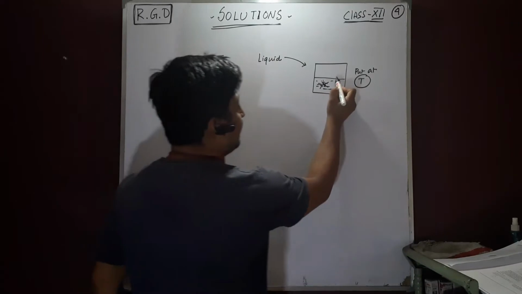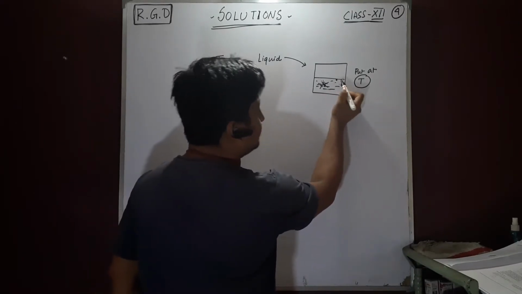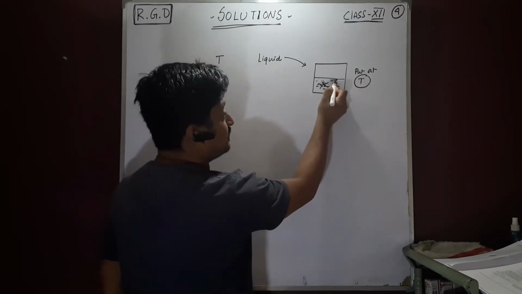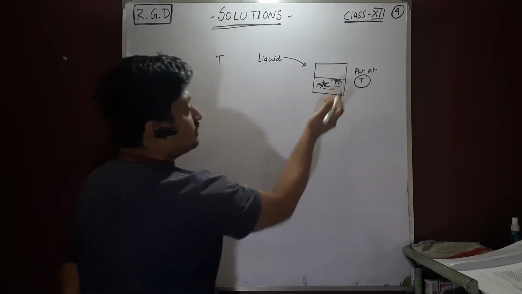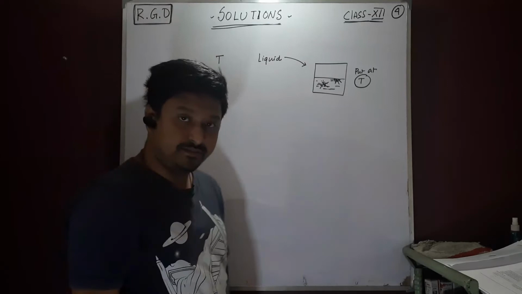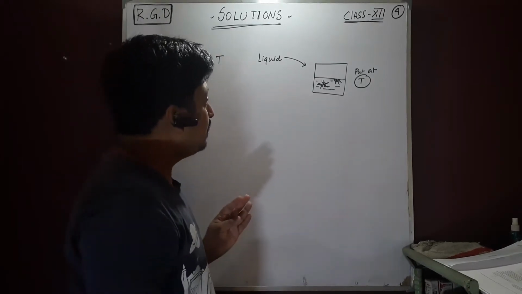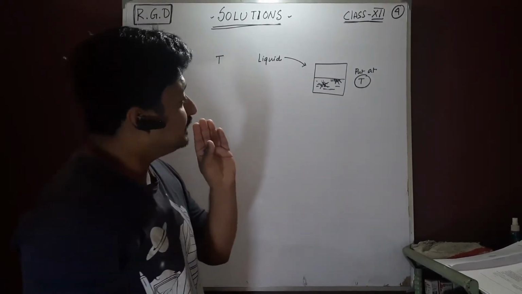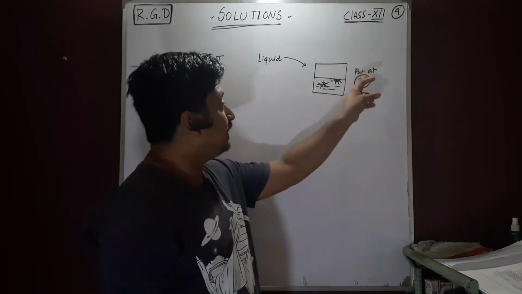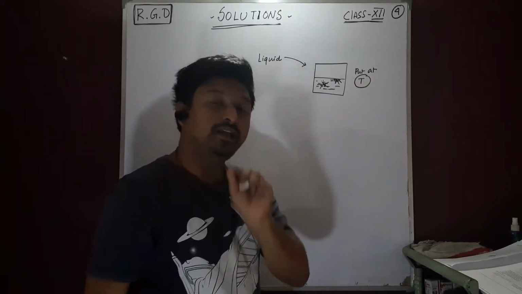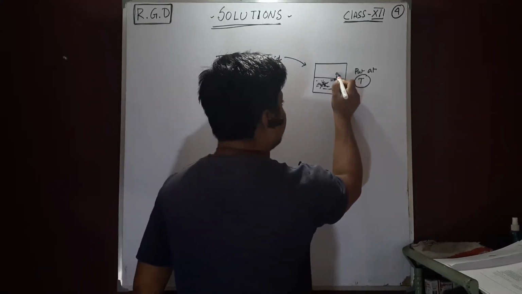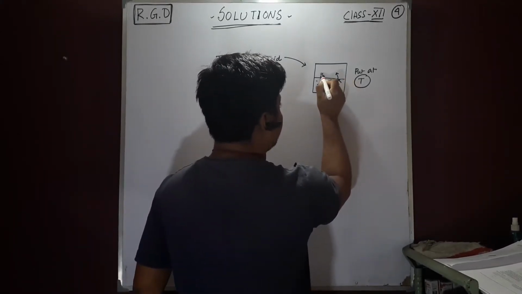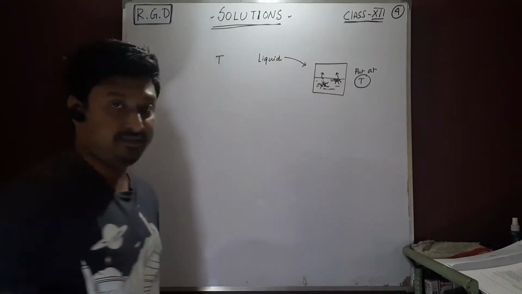The molecules present at the surface will have intermolecular force only from the bulk side. At this particular temperature, the molecules will try to escape from the surface.